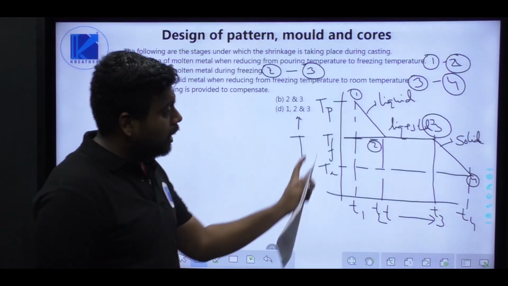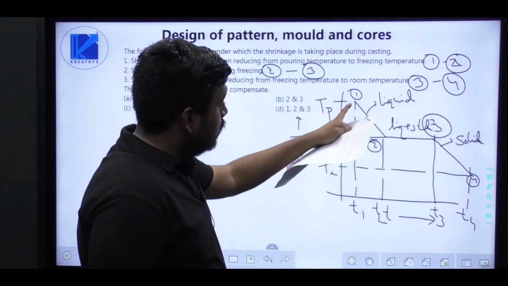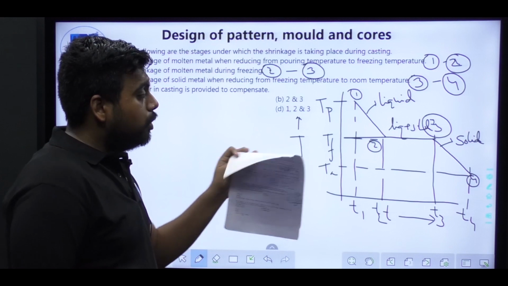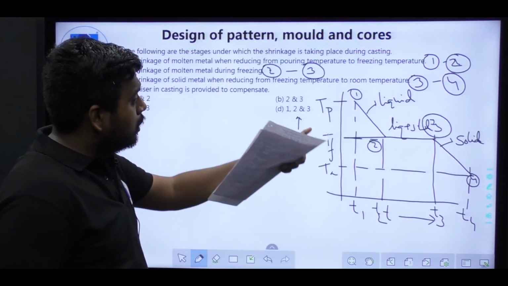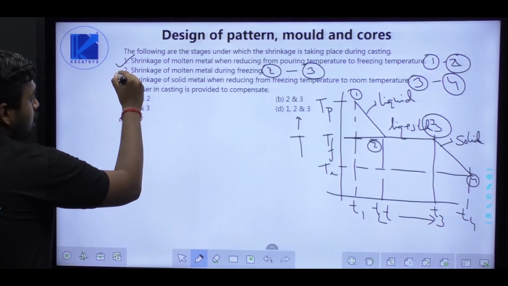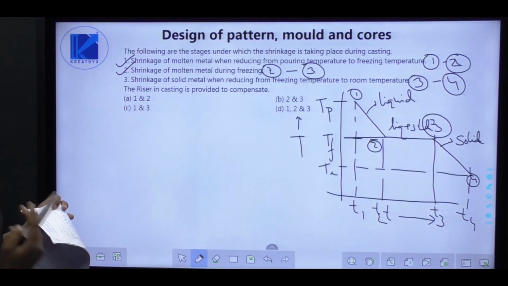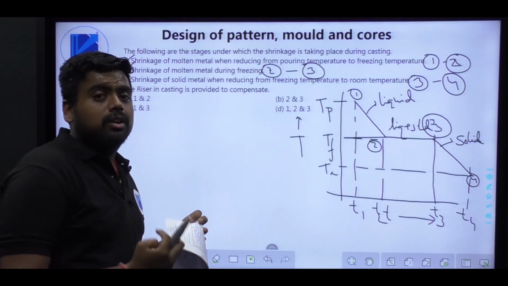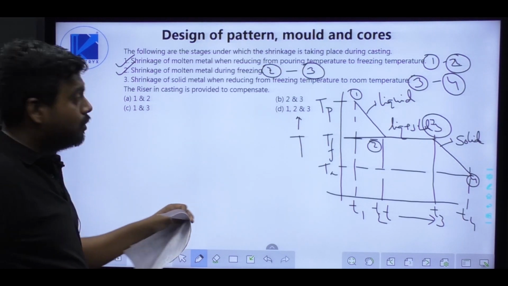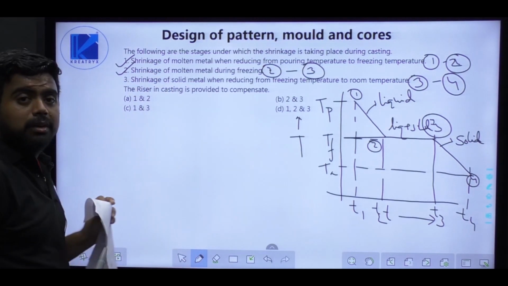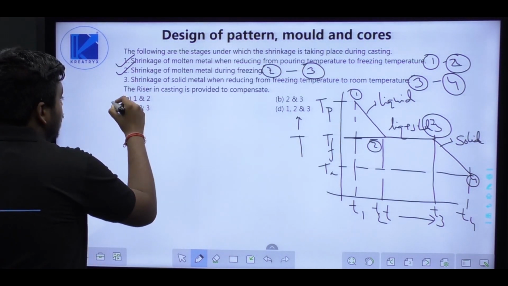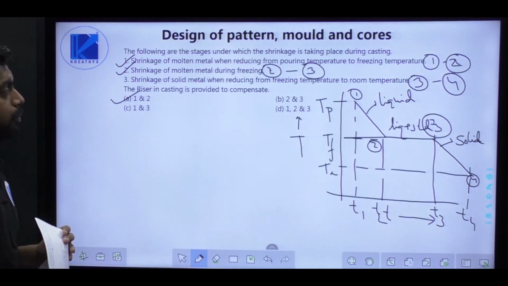If you look at this figure, you will find that in stages 1 to 2 and 2 to 3 only, the metal is in molten state or liquid state. So stage 1 and stage 2 are the only two stages in which the metal is in liquid state. The riser in the casting is provided to compensate for these shrinkages happening in 1 and 2. So the right answer to this question is option A, 1 and 2.